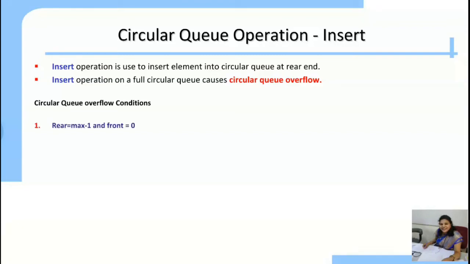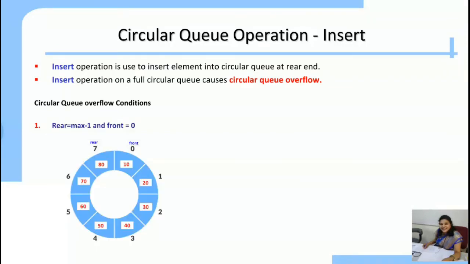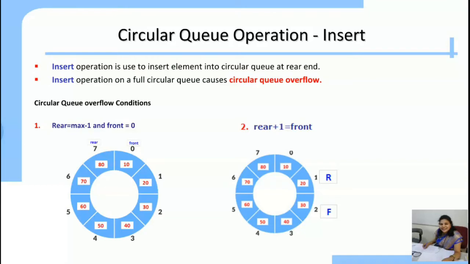First is rear is equal to max minus 1 and front is equal to 0. See, this is the circular Q having this condition. Front is at 0 and rear is at 7. And the second condition is rear plus 1 is equal to front. That is, front is followed by the rear. So here is the second circular Q which is full by the second condition.